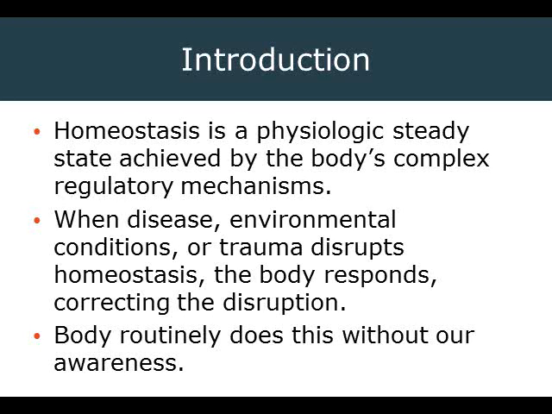A lot of those then play into the chapter that we're about to go into now. So we're looking at things such as disease, environmental conditions, trauma. These all disrupt that homeostasis, and then the body has to try to respond to correct that, often referred to as compensation. So the body tries to compensate for the issue at hand and then correct it.